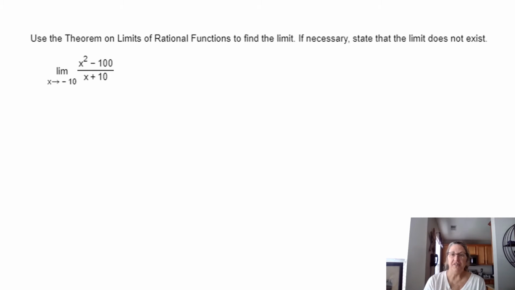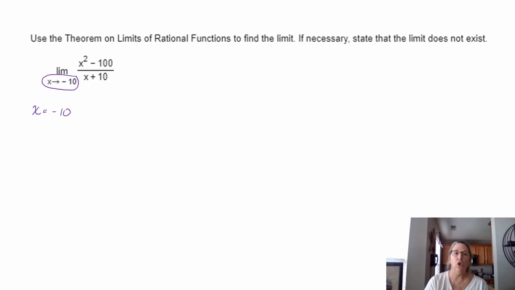We want to do the same thing here. This time, however, I want you to be a little careful. Again, we are approaching a number. We're approaching -10, so we're going to be substituting in -10. But if we plug -10 into the denominator, -10 plus 10 becomes 0, and the whole function is undefined.